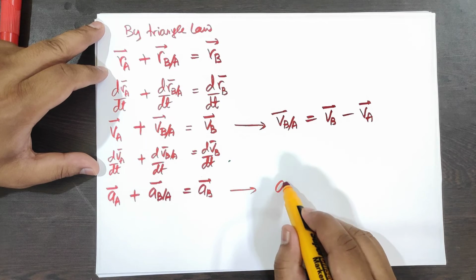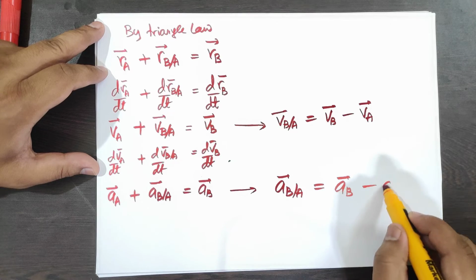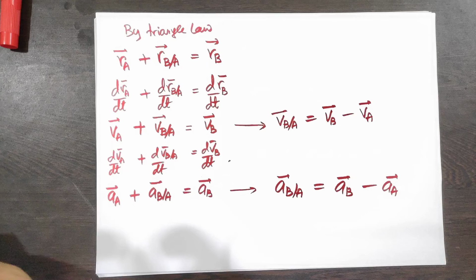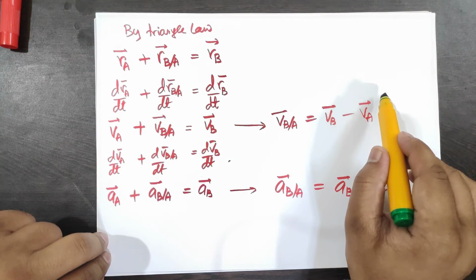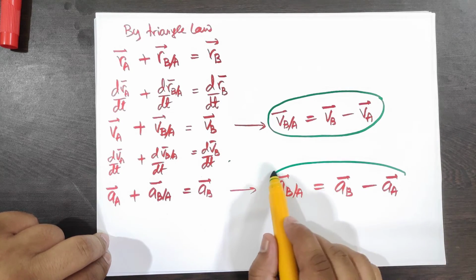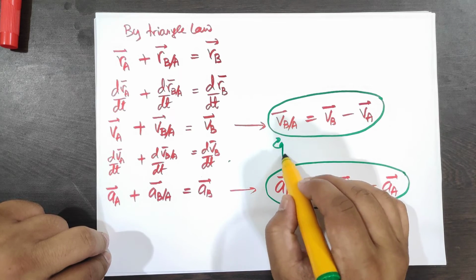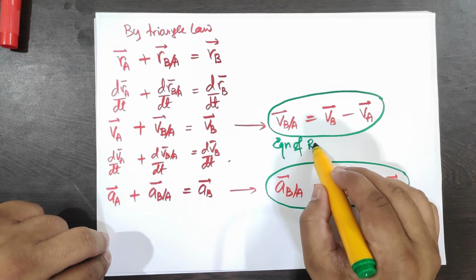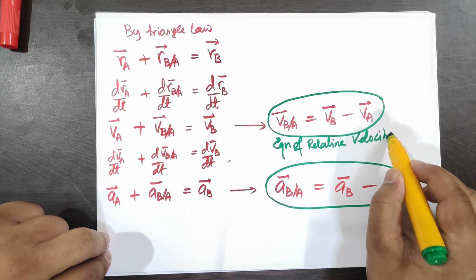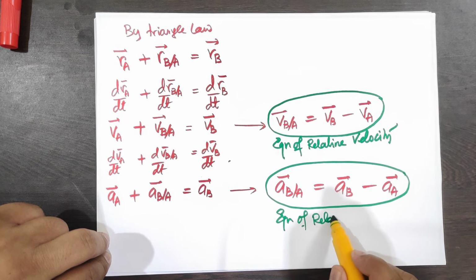Now this equation is acceleration of B with respect to A equal to acceleration of B minus acceleration of A. So these are the equations. Now we have generalized the equations for 2 and 3 dimensional motion. So this is the equation of relative velocity, and this is the equation of relative acceleration.